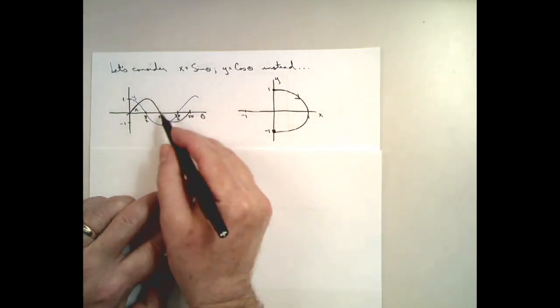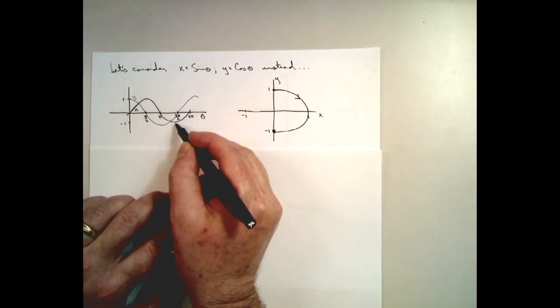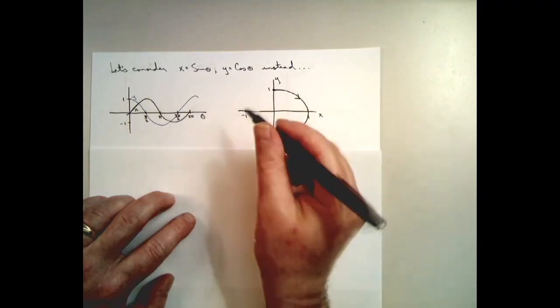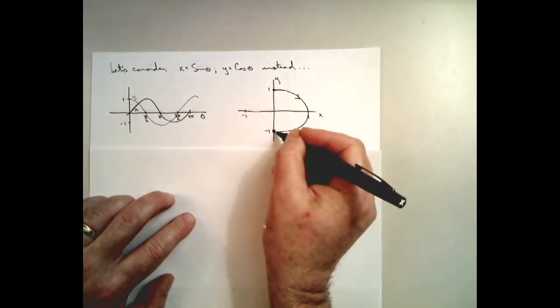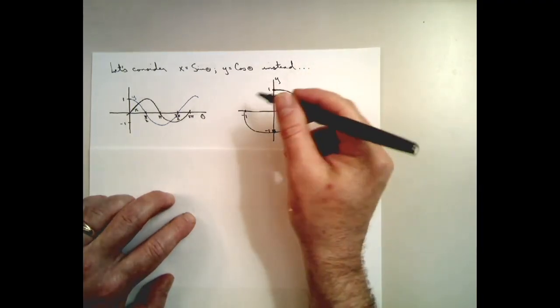That's at pi. And now x is going to decrease to -1 while y increases to 0. So x is going this way, y is going this way. Here's my target. And we get this curve.